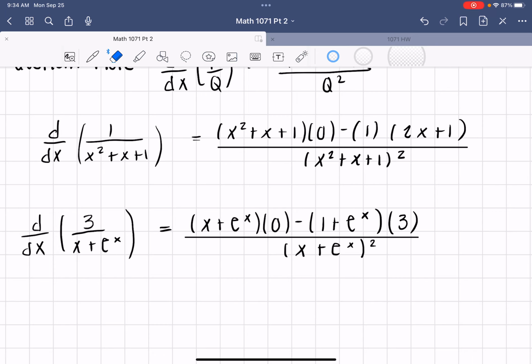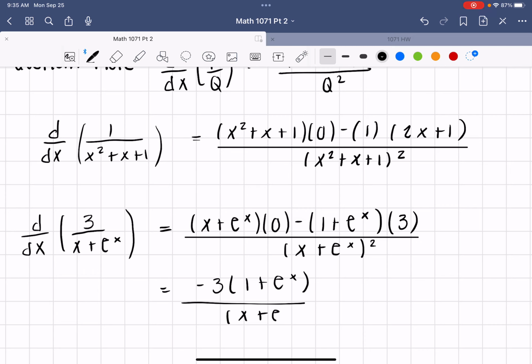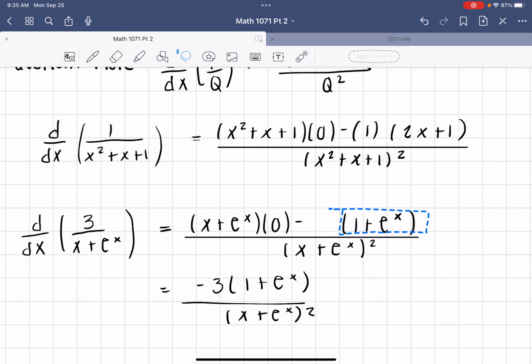Are we okay? So if your numerator is a constant, its derivative is 0. Okay, 35.